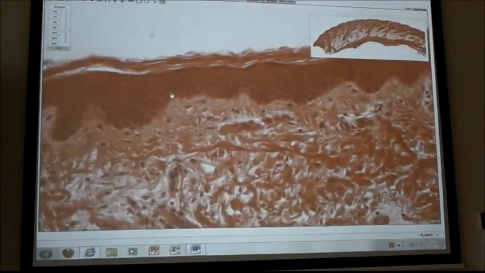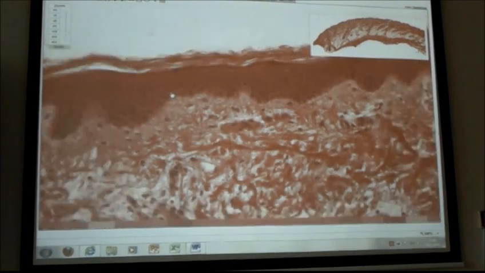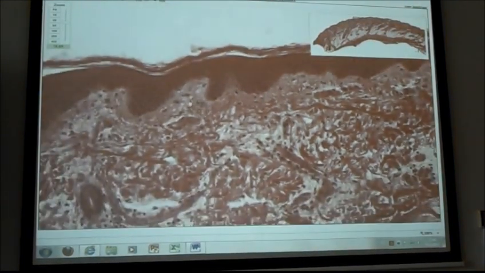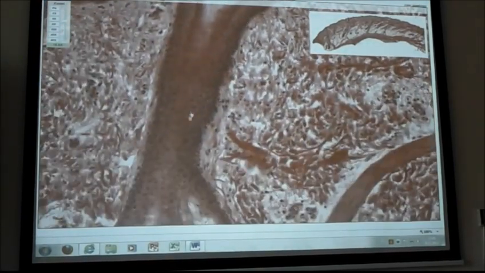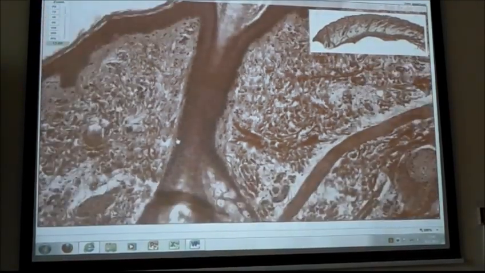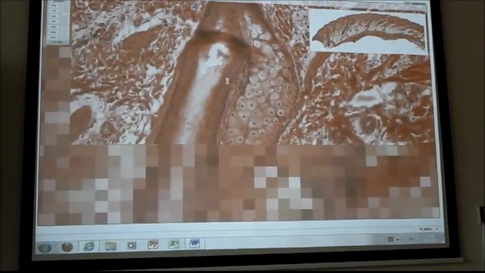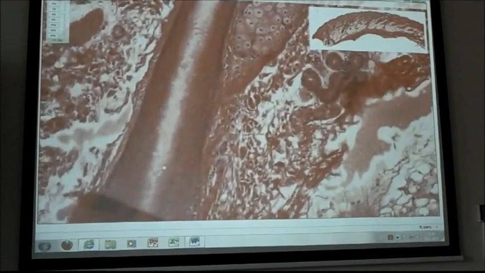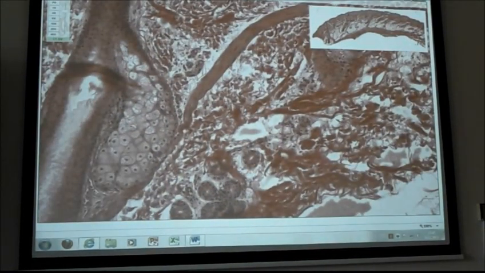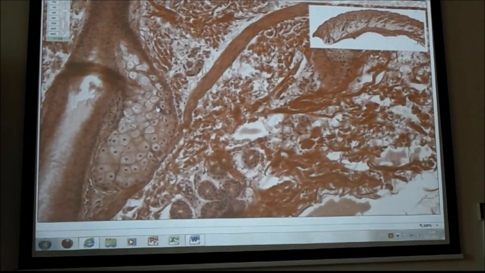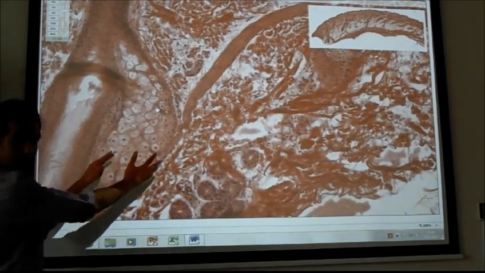In case you don't miss that one, and I have, let's say, thin skin from the head, then you can look for other structures, which are these. As I said, this is a hair going in, a hair follicle, and here we have the sebaceous gland.